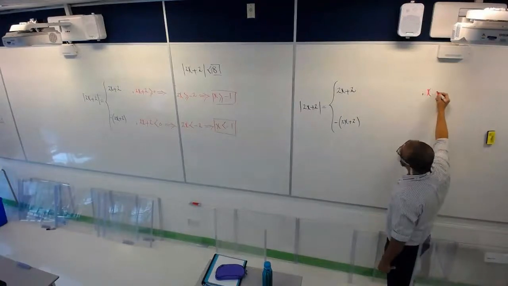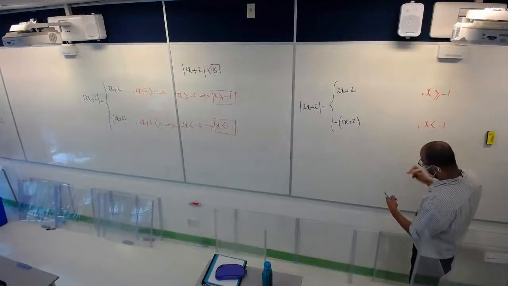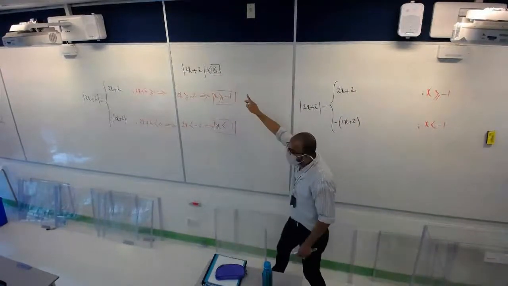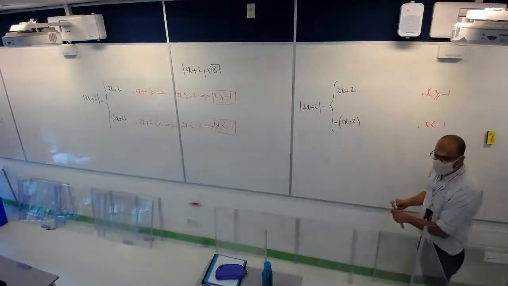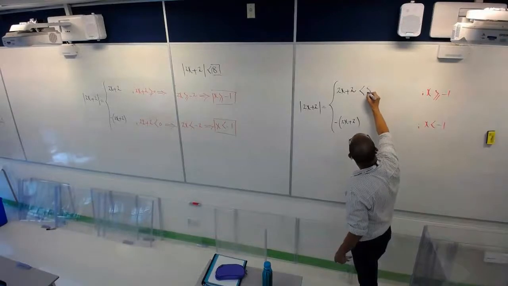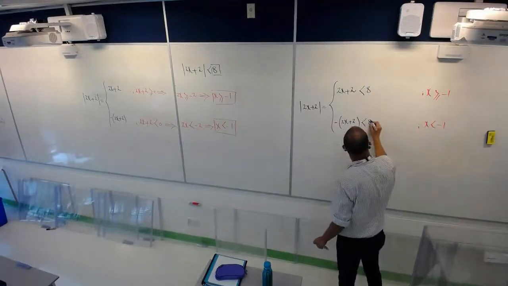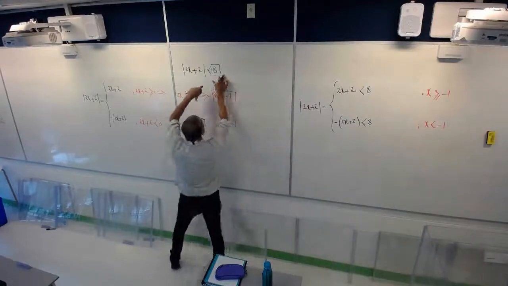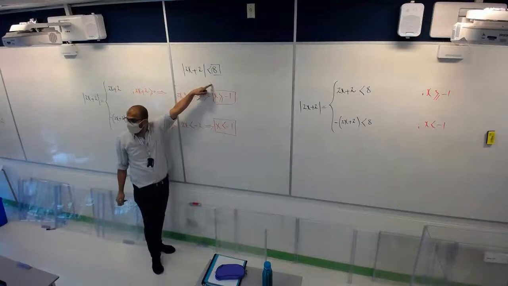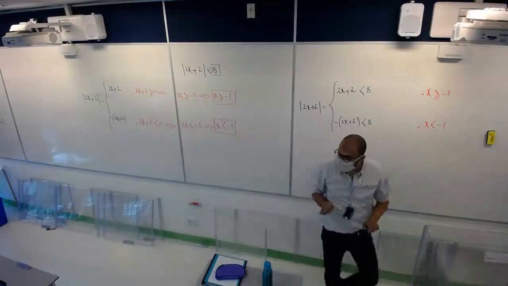The conditions are that x is greater than or equal to minus 1, and x is less than minus 1. I know that it's less than 8. Then I know that each one should be less than 8. It means that this one is less than 8, and also this one should be less than 8. Why? Because I know that this is an inequality, and it says that it's less than 8. Then it means that each piece of that function should be less than 8.